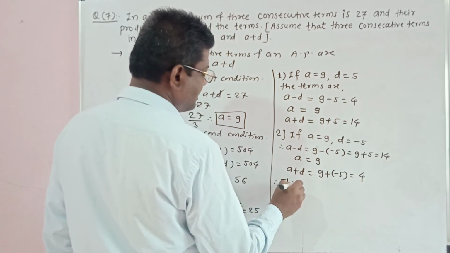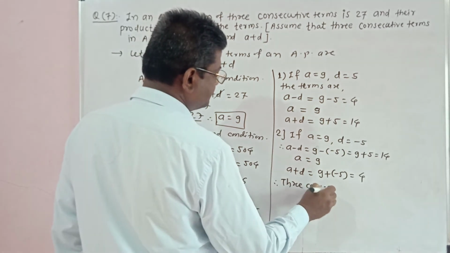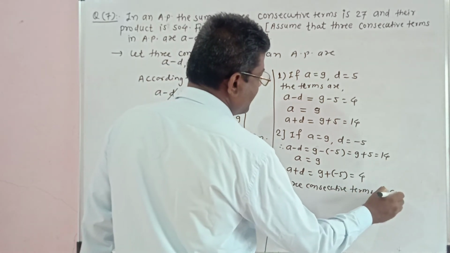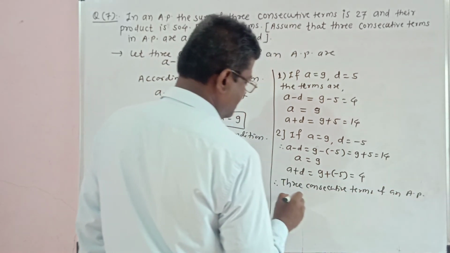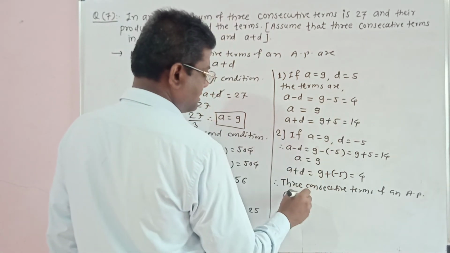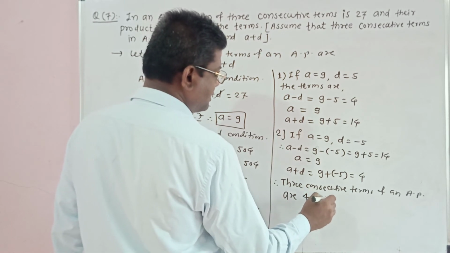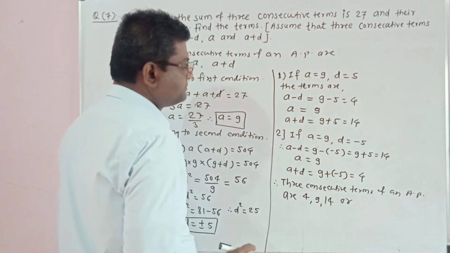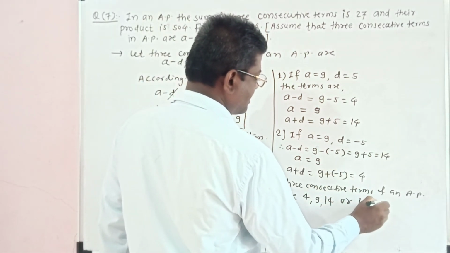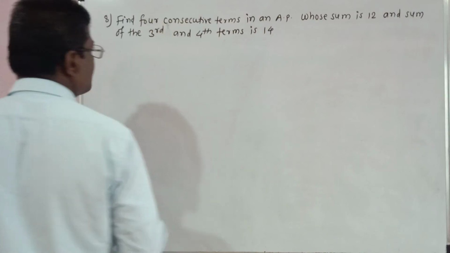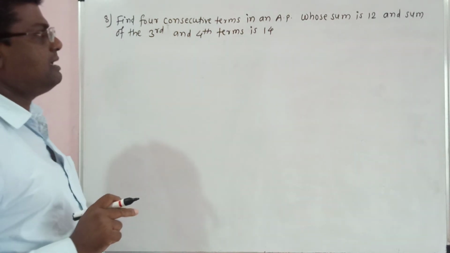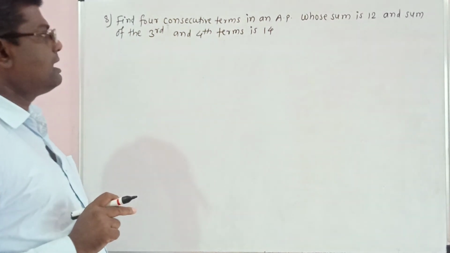Therefore, three consecutive terms of an AP are 4, 9, 14 or 14, 9, 4.